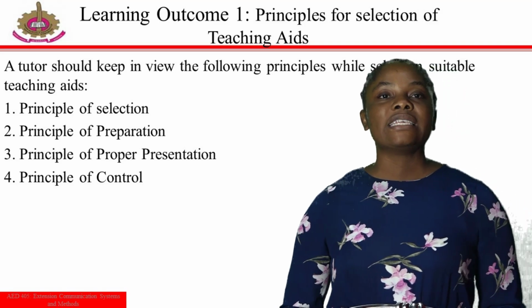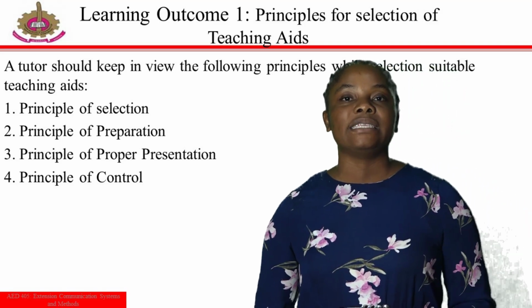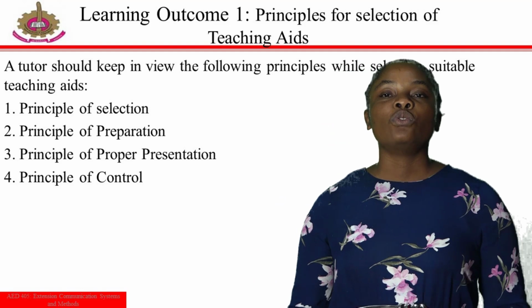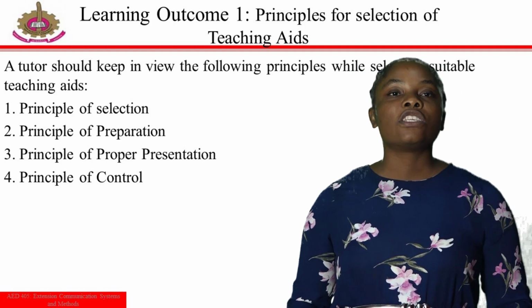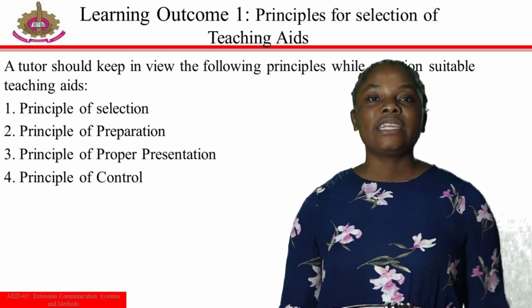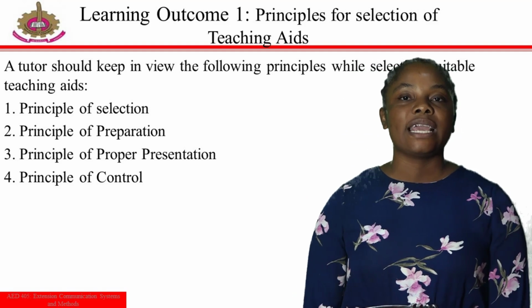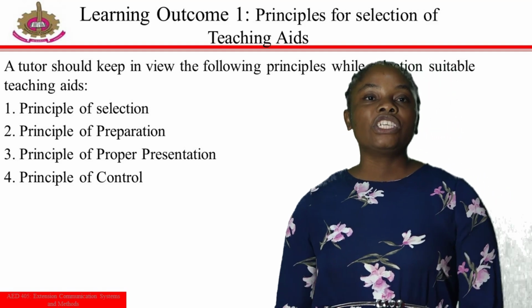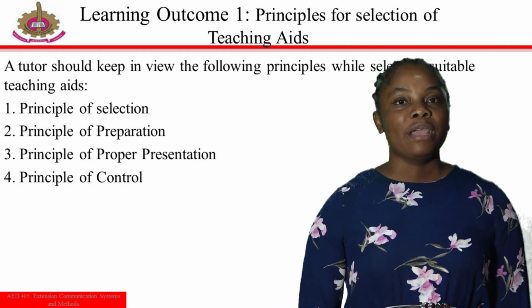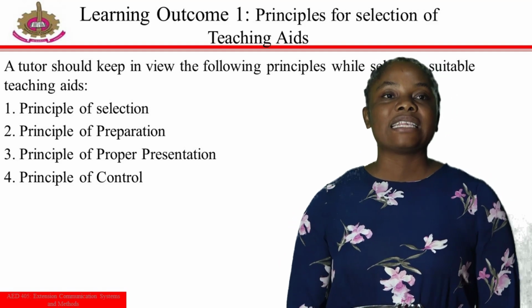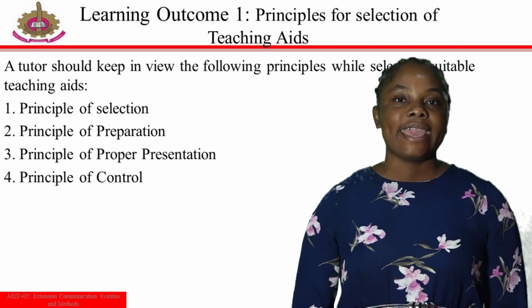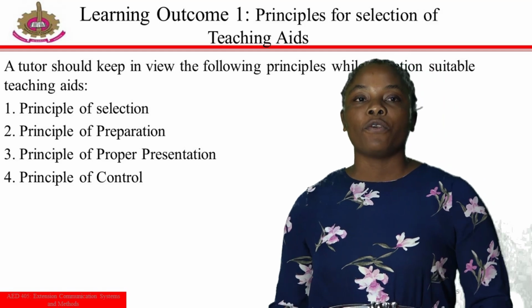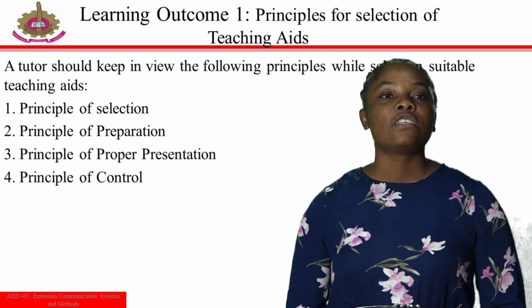Then the third one is the principle of proper presentation. He or she should ensure that both the subject matter and the teaching aids are properly coordinated and related. So teaching aids should be used as supplementary aids, not as the exact aid, but as additional aid. A teacher should be fully proficient in the use of those aids.